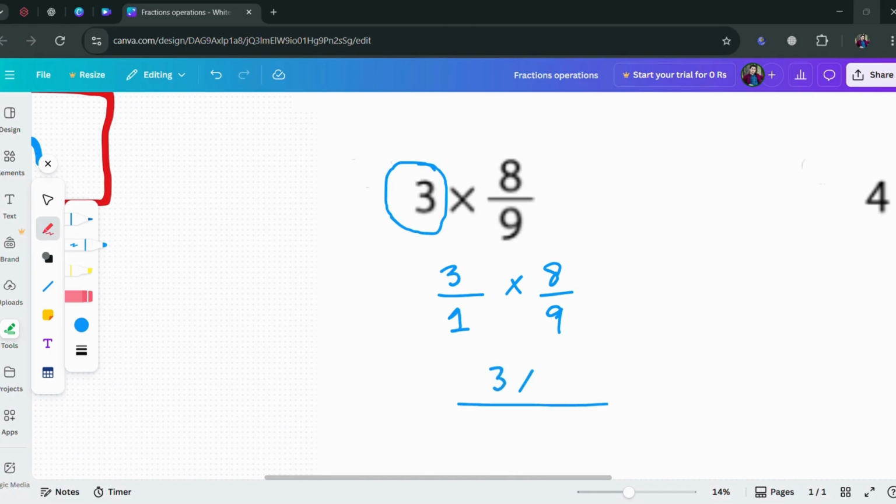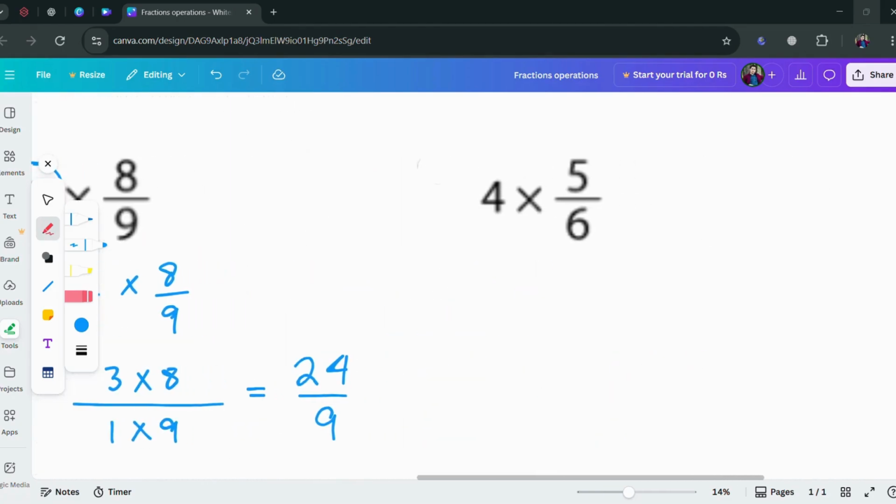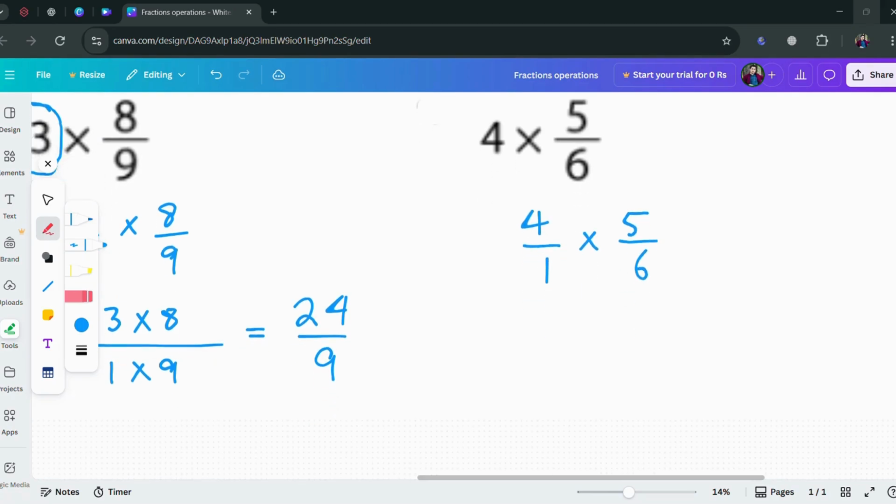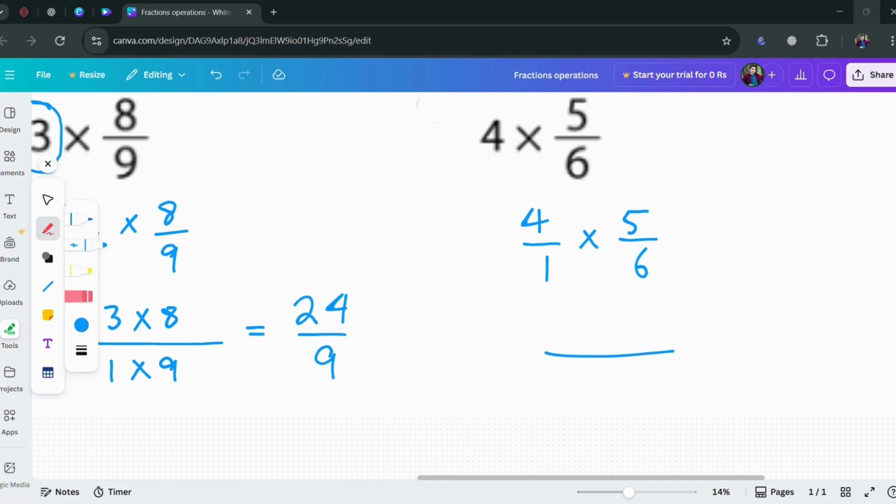So 3 multiplied by 8 and 1 multiplied by 9 goes like 24 over 9. Understood? Similarly, if I go towards this one, that's going to be 4 over 1 multiplied by 5 over 6. I'll be performing the same exact operation over here. 4 times 5 is 20.